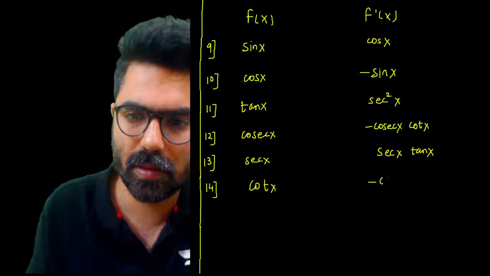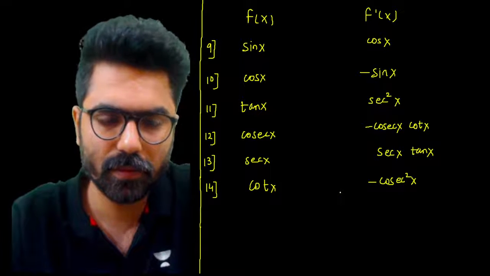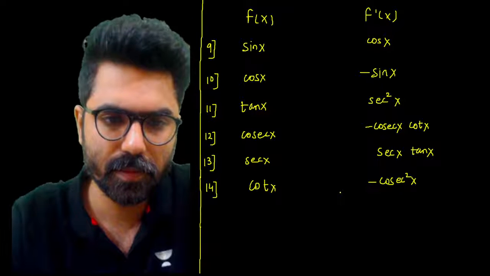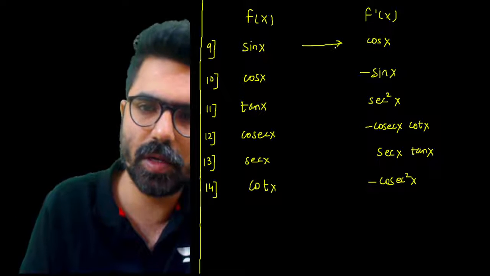Cot x, minus cosec square x. This is the derivative list for trigonometric functions.